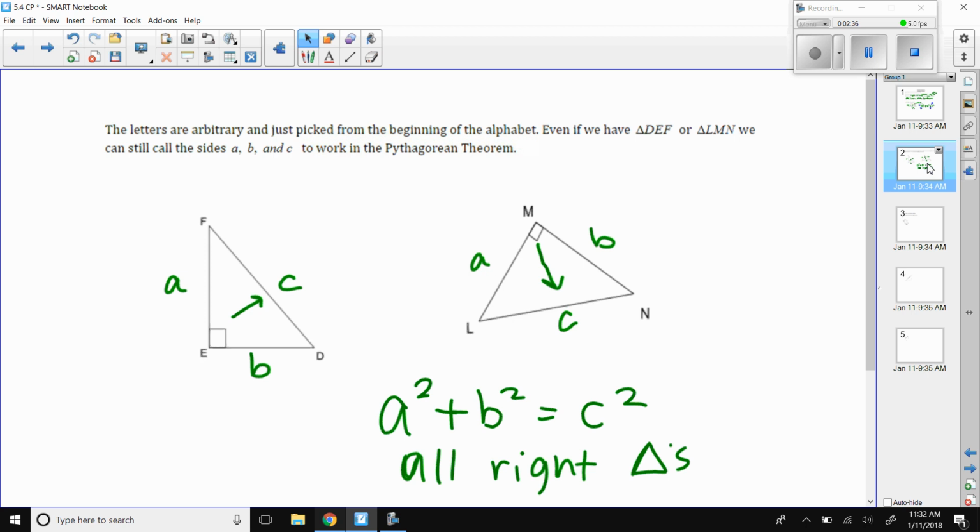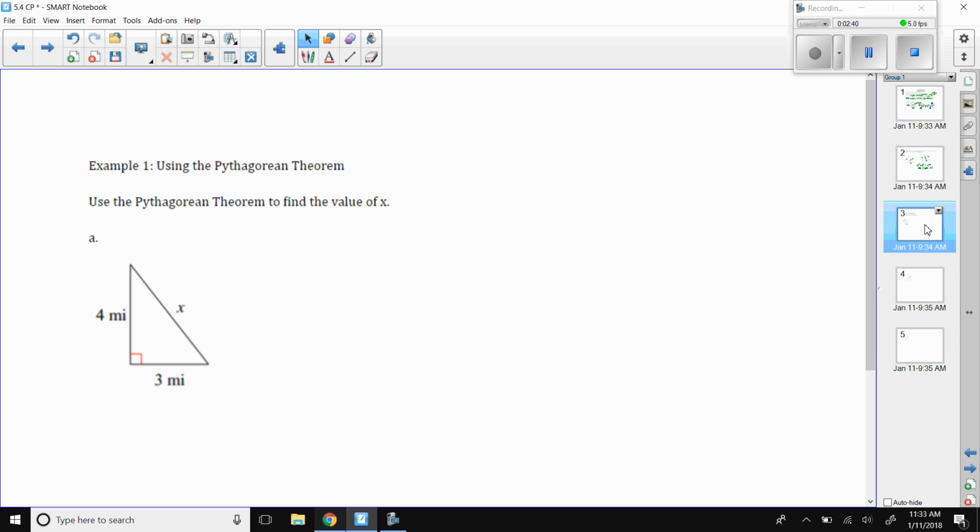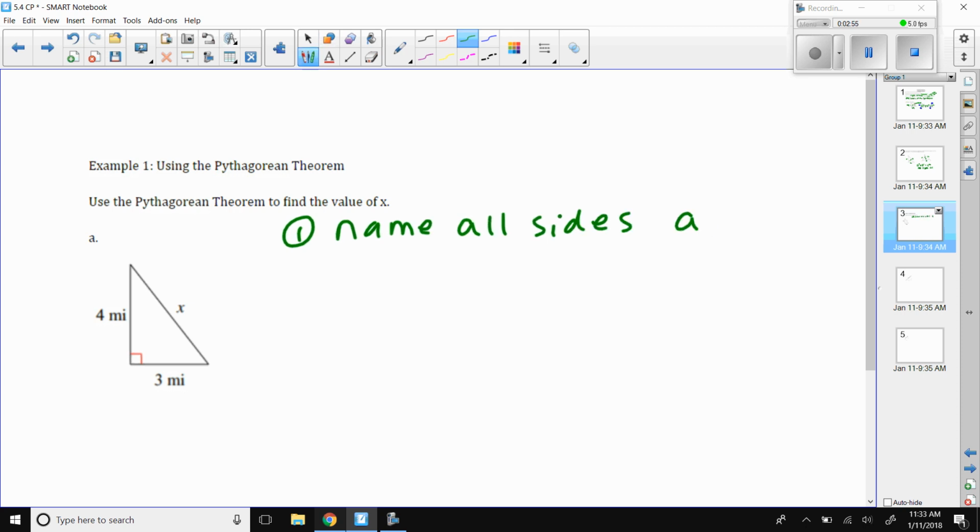So let's see what we can do to try to solve for some of these sides. On the back page, you have example 1. It says, use the Pythagorean theorem to find the value of x. Now, the first thing that I want to do is name all the sides A, B, and C from what I know.